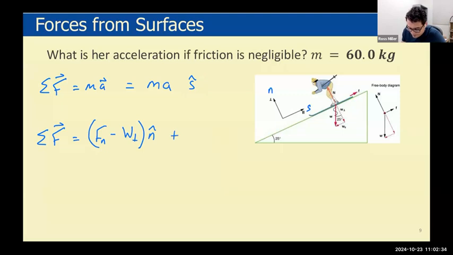And then there's the weight in the parallel direction, and it's negative, plus the friction. That's in the S hat direction. So for part A, you can say F equals 0. That's what you're told.